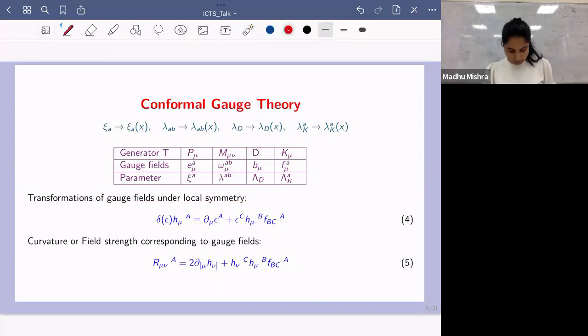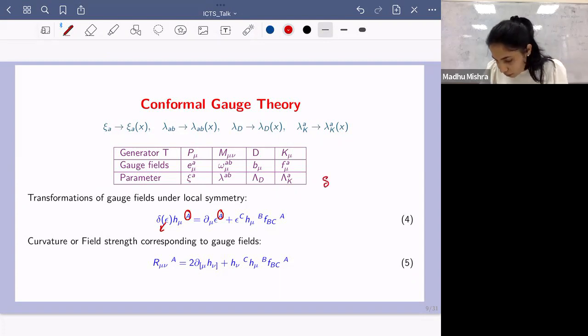So here I want to write down, for example, the transformation of e_mu^A under local translation. Then this index A will correspond to the symmetry associated with the gauge field, and this epsilon will correspond to the parameter associated with the transformation symmetry.